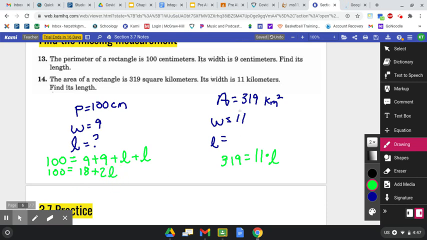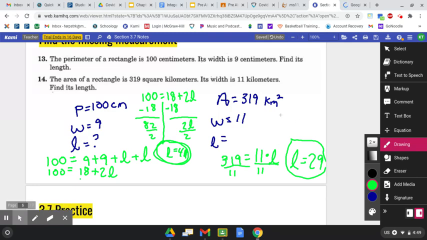Over here, area equals length times width, or width times length, doesn't matter. Multiplication, remember, goes both ways. So I filled in the area of 319 and had 11 times the length, or length times 11, it doesn't matter. Pause this here, take a minute, and solve each of these.